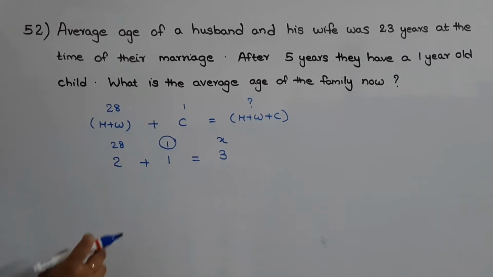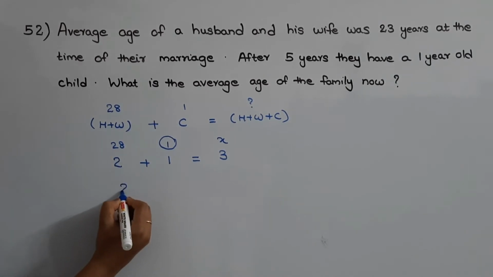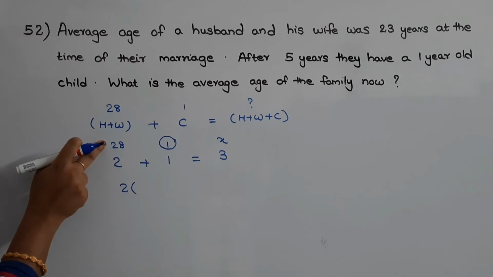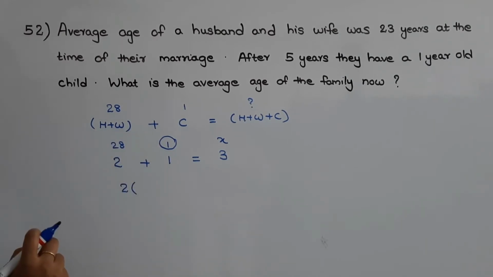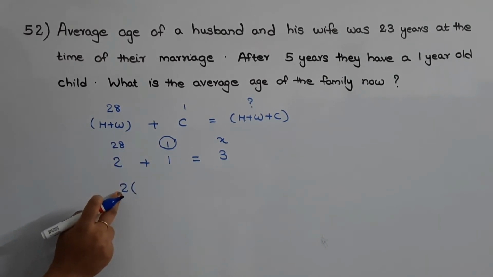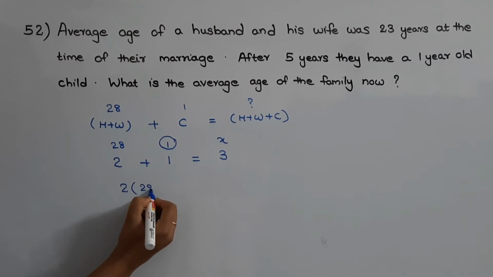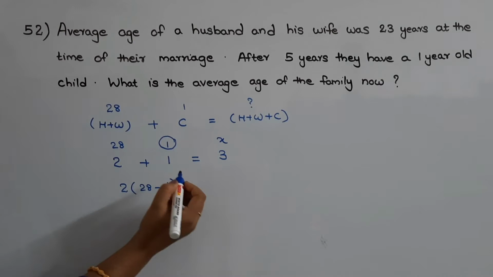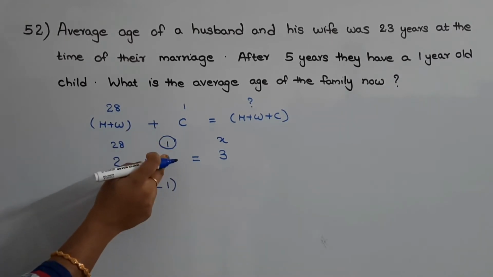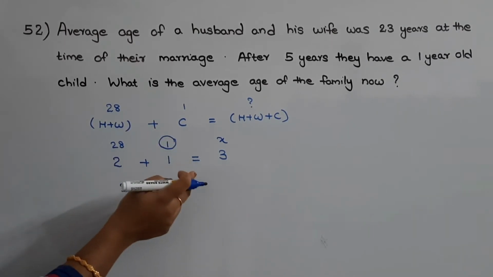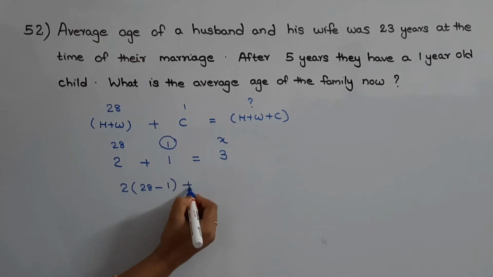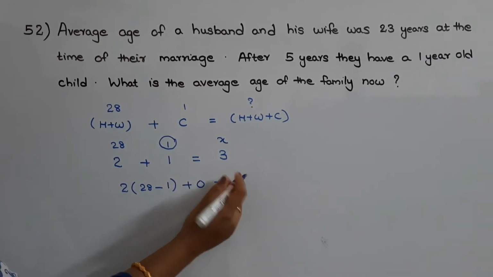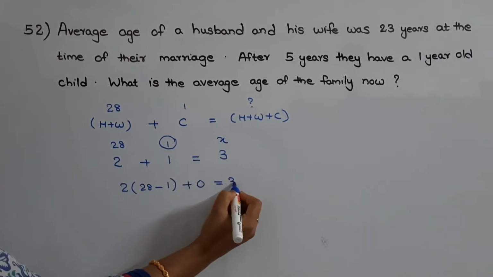Now the next step is multiply this 2 by the difference between its average and reference average. So multiply this 2 by 28 minus 1. So whichever part we are taking as a reference part, that part will always become 0. So plus 0 is equal to multiply this 3 by this x.